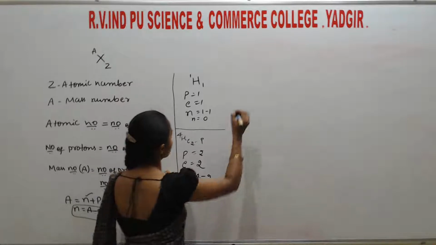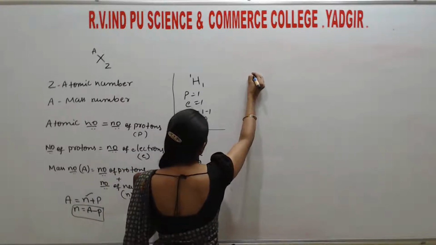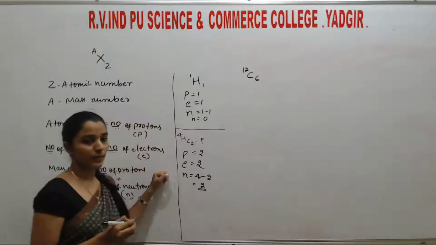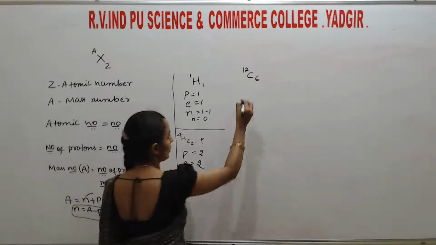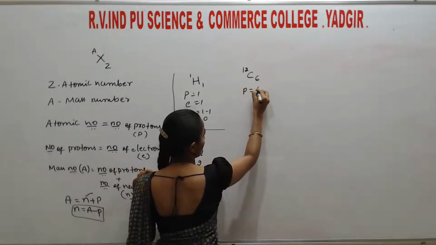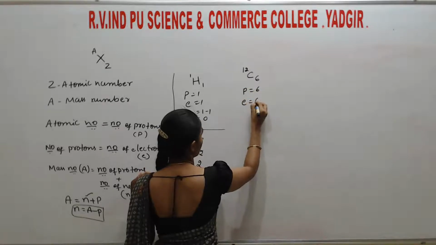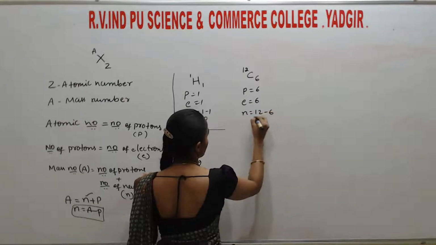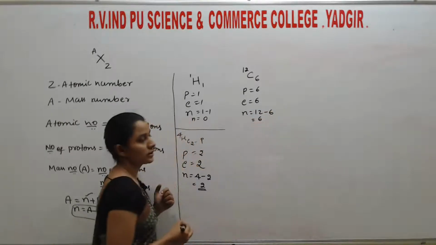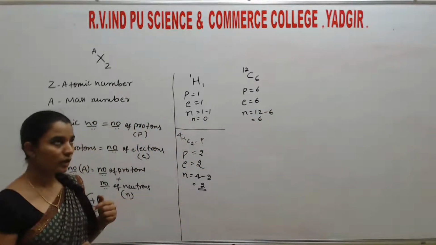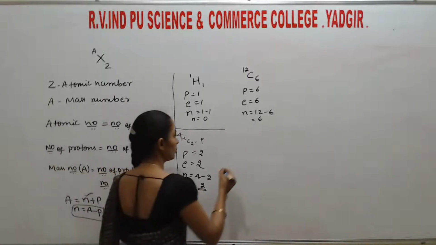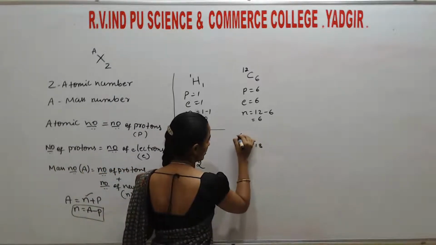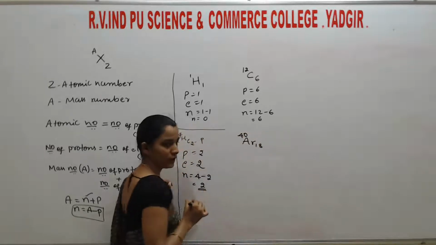So next, carbon, 6, 12. So here, the number of protons are 6, number of electrons are 6, number of neutrons are 12 minus 6, that is equal to 6. Okay. If you take argon, this is 18, this is 40.